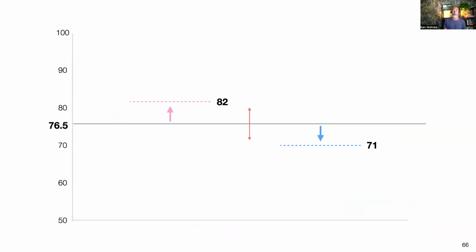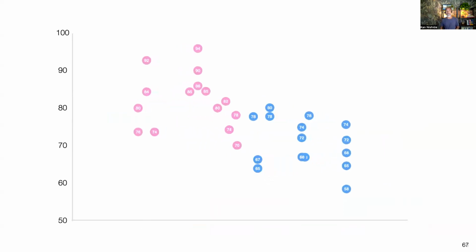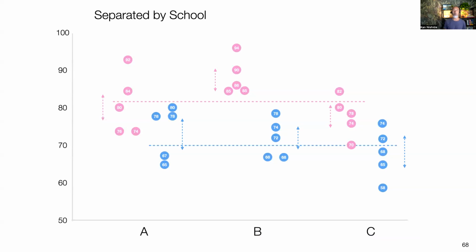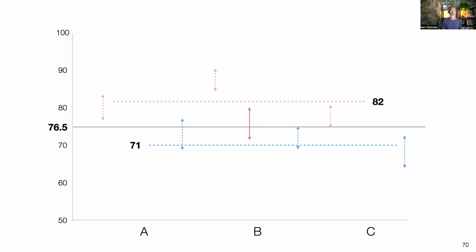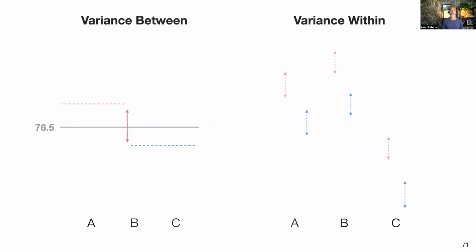And then we can calculate the variance between these two. And then we can get that variance within or variance unexplained. So now we have the six of those. And then basically compare these two things. Basically doing the same thing.